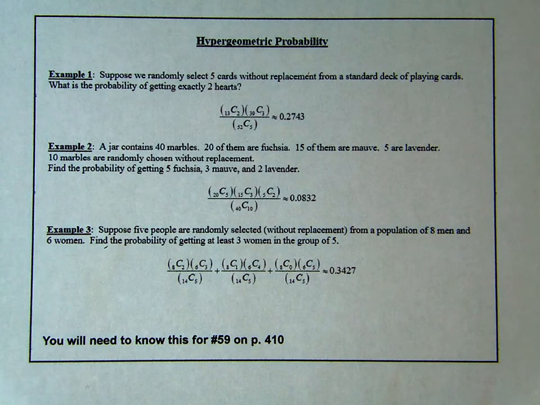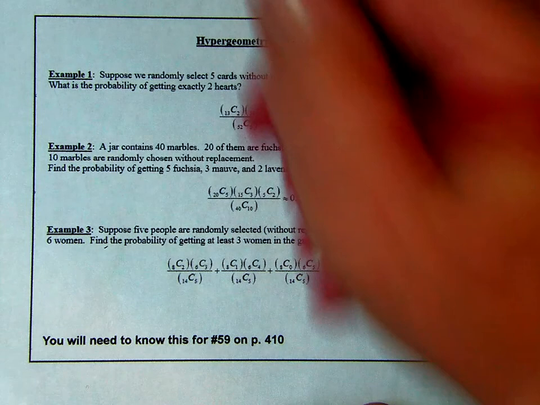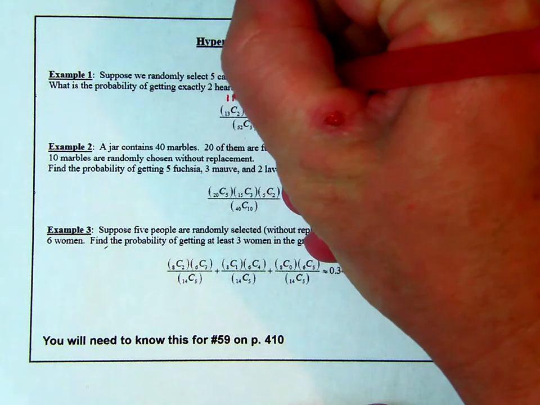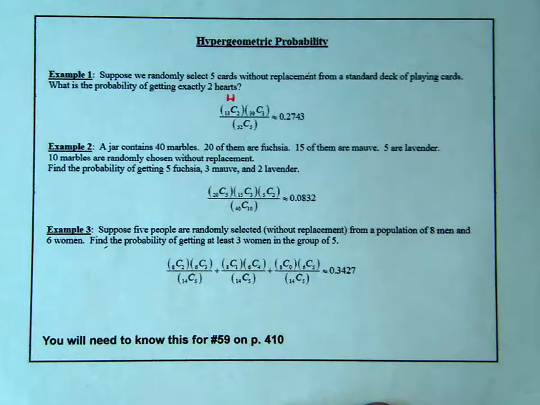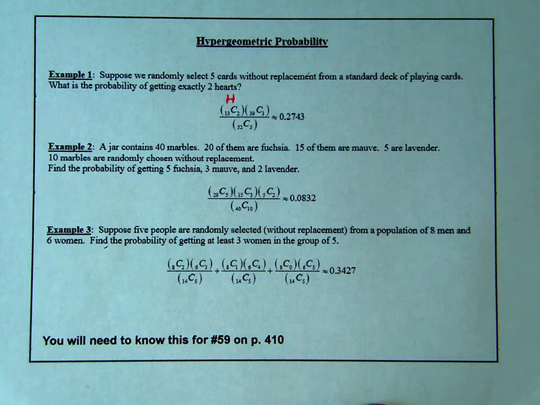Now what's happening with these hypergeometric probabilities is we want some particular breakdown of categories in terms of what we are getting with those 5 cards. So we're looking at the probability of getting exactly 2 hearts. So this left piece up top is going to represent all the different ways you could select those 2 hearts.